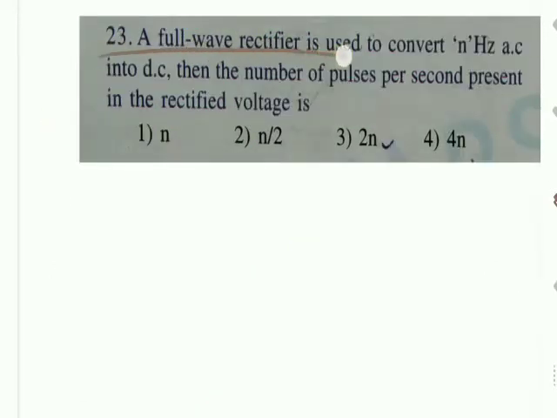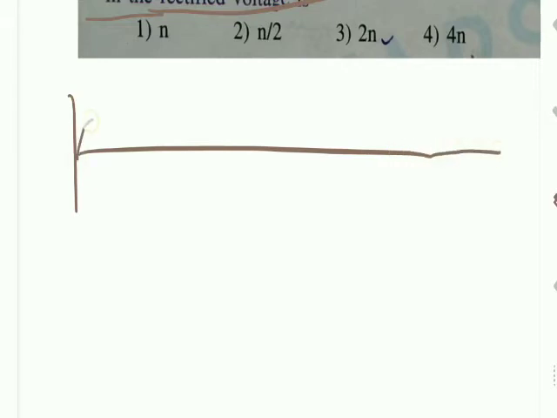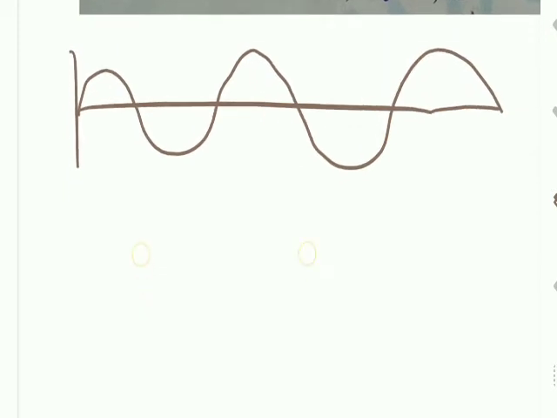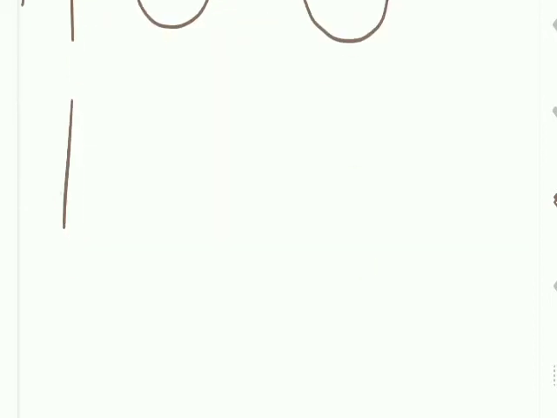A full wave rectifier is used to convert AC into DC. Then the number of pulses per second present in the rectified voltage is. So input voltage, input cycles, this is the input wave, so this is the output.